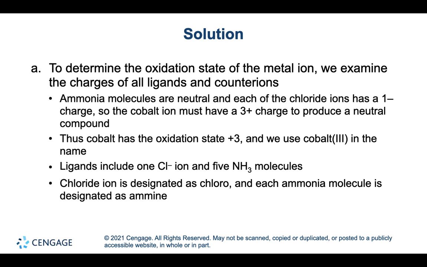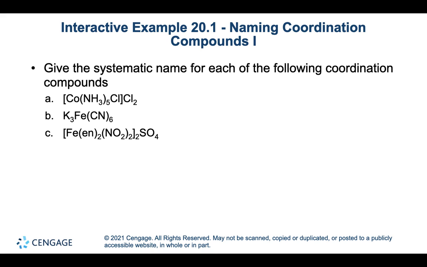To determine the oxidation state of the metal ion, we have to look at the charges of all the ligands and the counterions and figure out what would balance that out. For the first one, ammonias are neutral and chlorides are -1. So your cobalt is going to be +3 because it has 3 chlorides and 1 cobalt.